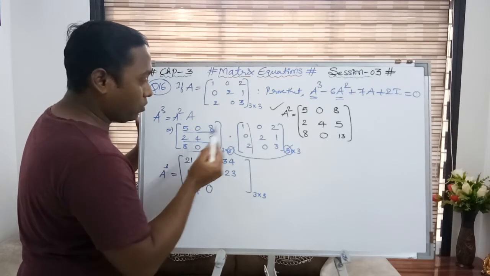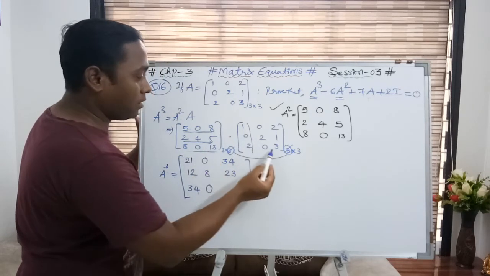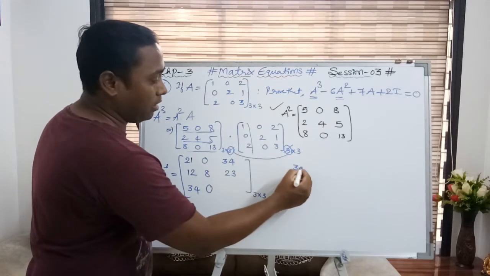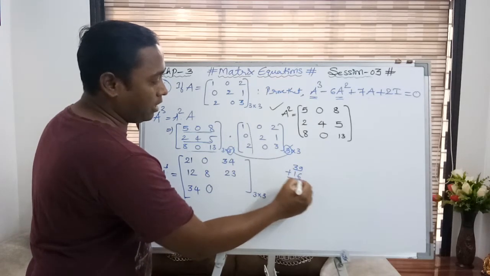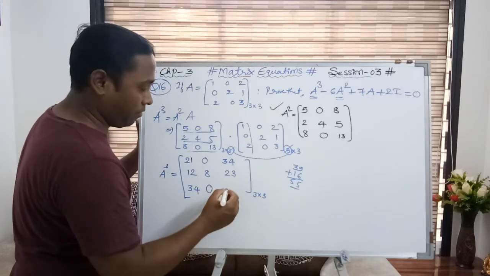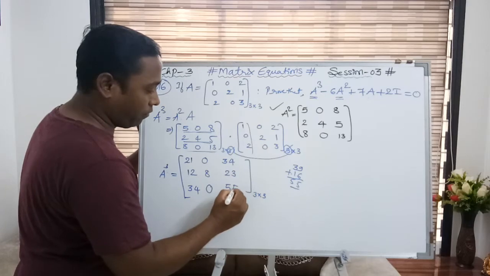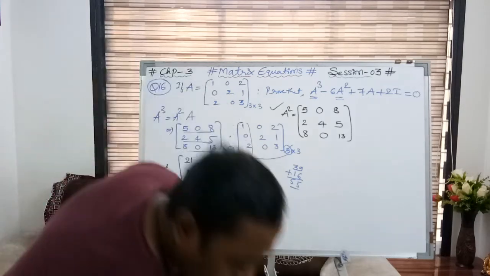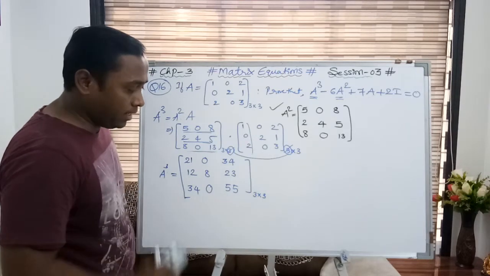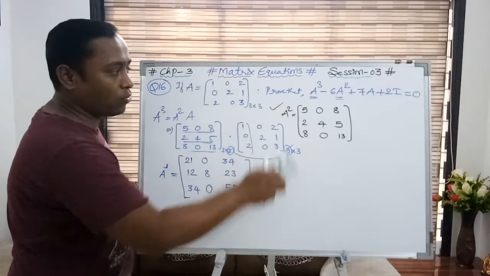And then 8 2s are 16, 13 3s are 39. 39 plus 16, 55. So 55, right?